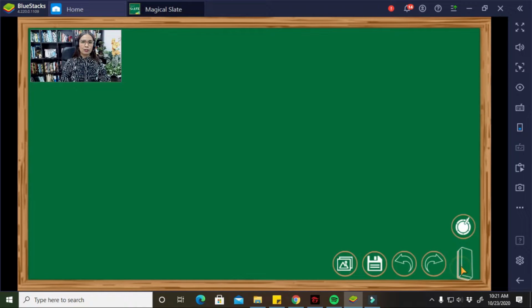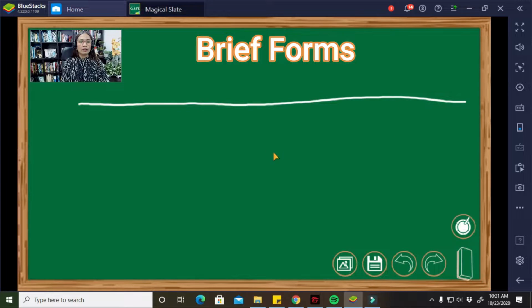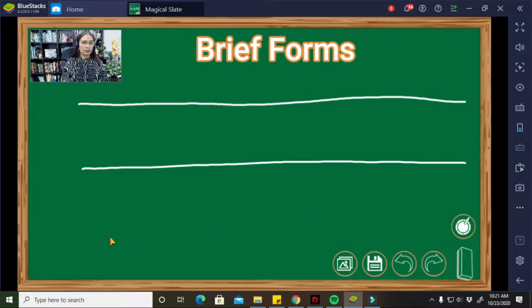Okay, now at this point, we are going to discuss brief forms. So we have a new set of brief forms in Lesson 11. The first brief form here is the word when.